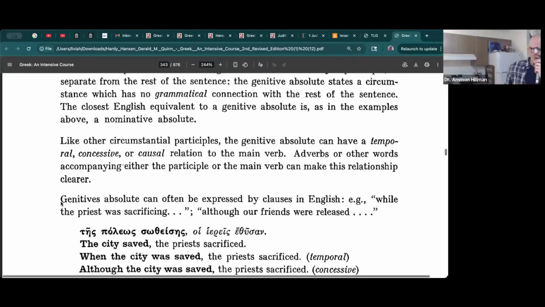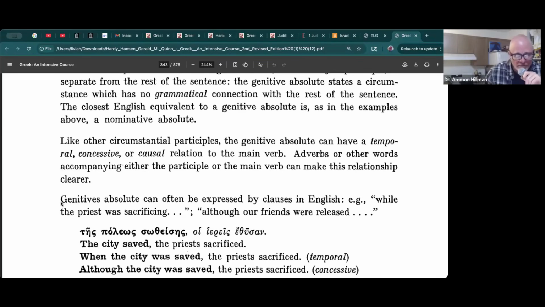Now, wait a minute though. How do we actually translate it? Do we refine it so we know what the author was trying to describe in the circumstances? That's what this paragraph answers. Like other circumstantial participles, the genitive absolute can have a temporal, concessive, or causal relationship to the main verb.